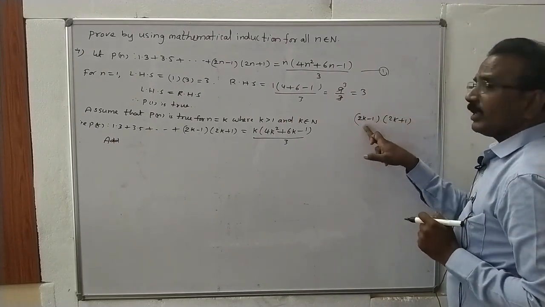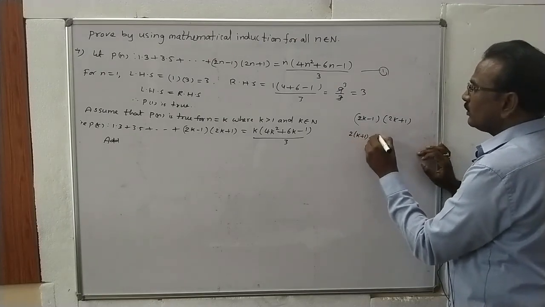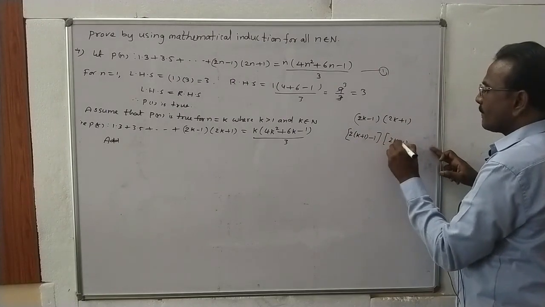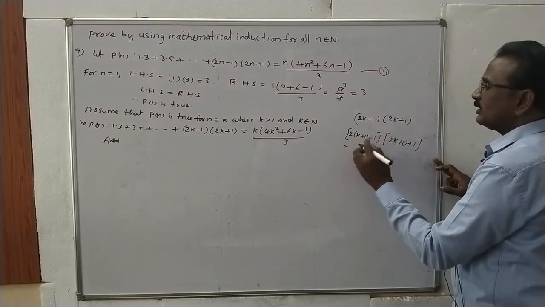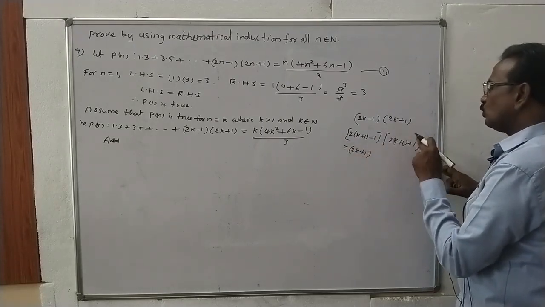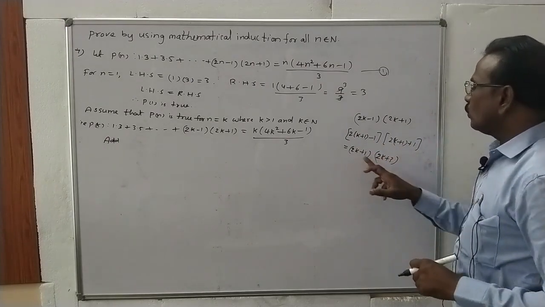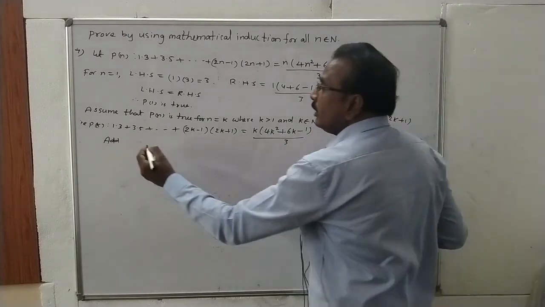Just replace k by k plus 1. Here 2 into k plus 1 minus 1, first factor, into 2 into k plus 1 plus 1, second factor, that is 2k plus 2 minus 1, so 2k plus 1, and 2k plus 2 plus 1, so 2k plus 3.